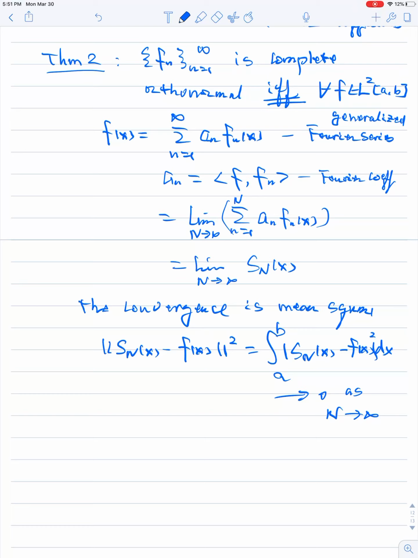Now, another theorem I am not going to prove is called the best mean square approximation theorem.